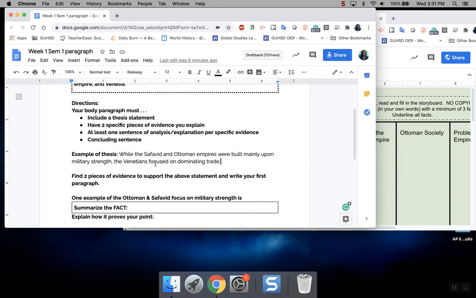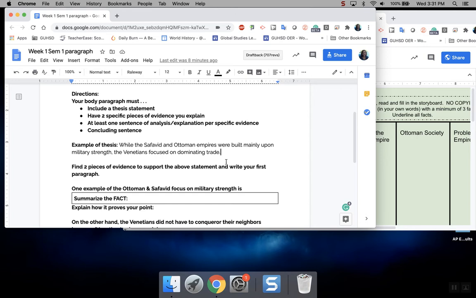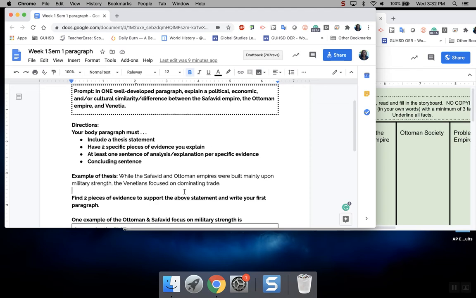So if this is my thesis statement, then I'm going to look for 2 pieces of evidence to support that. Now, if both of my pieces of evidence are about the Safavid and Ottoman Empire, and I'm not going to say anything about the Venetian Empire, then this is not a good thesis statement. Again, if I don't say anything about the Venetians, then I'm not answering the prompt.